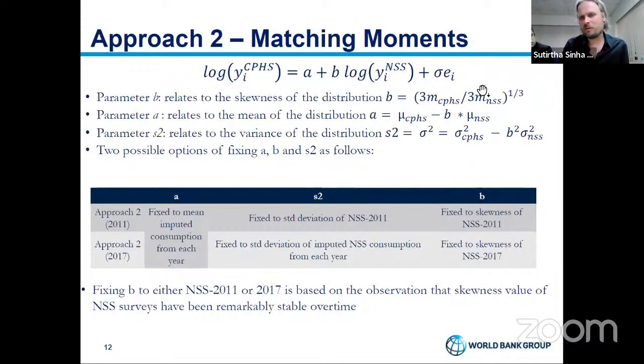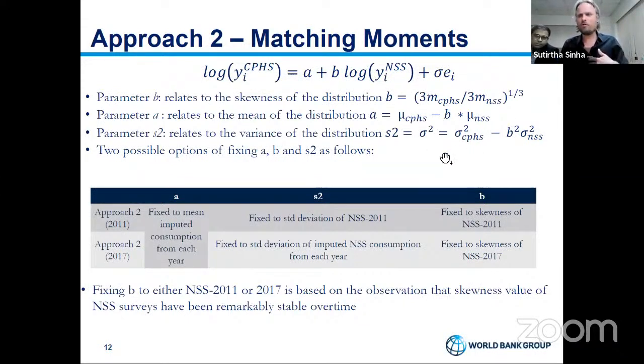We've also used the third moment estimated from the 2017 NSS, where we do not have to observe that it is stable over time, but it gives qualitatively similar results. Once we have B, we can work out A and our estimate for sigma square, which involve the first and the second moments. Now, the first and second moments are obviously not stable over time, and we're not going to assume that.